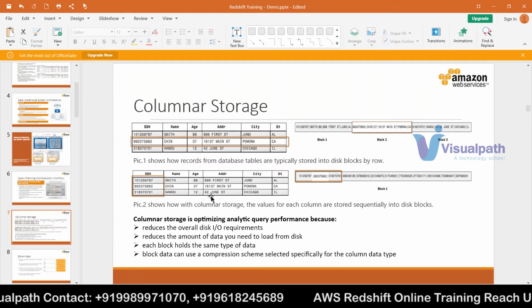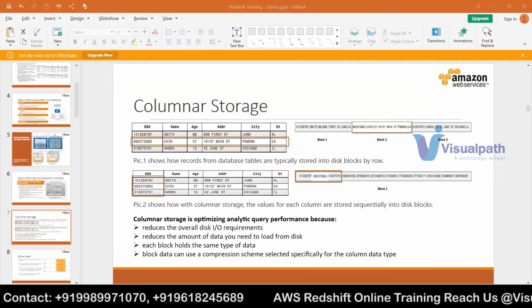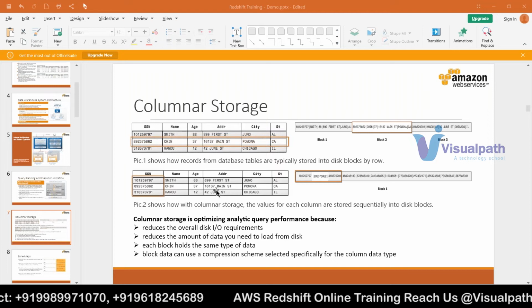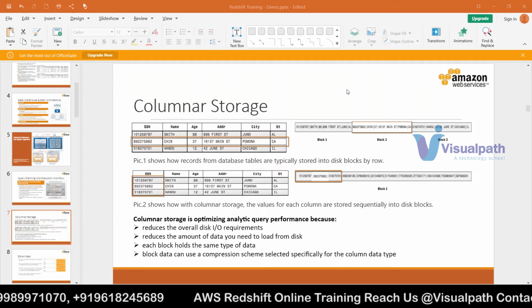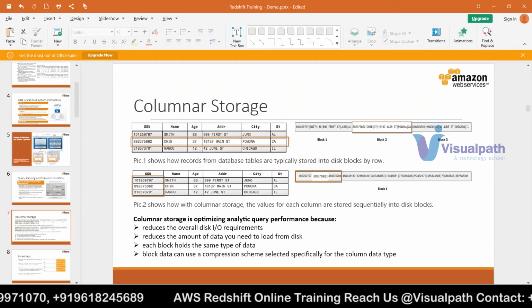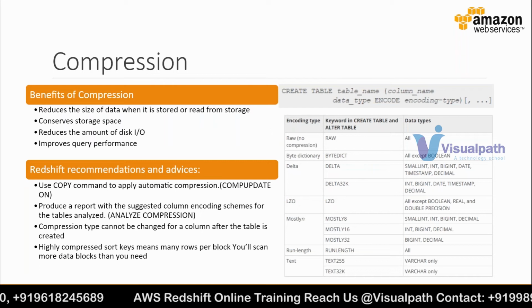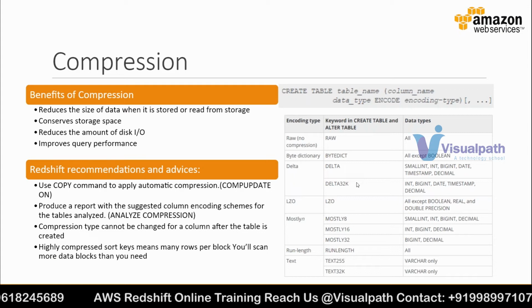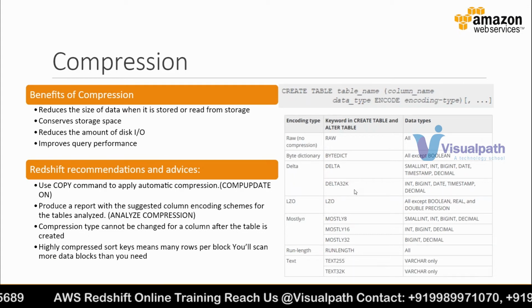So like that. And Redshift provides different compression. For example, I will show you. For integer data types, one type of compression; for character data types, another type of compression, like that.